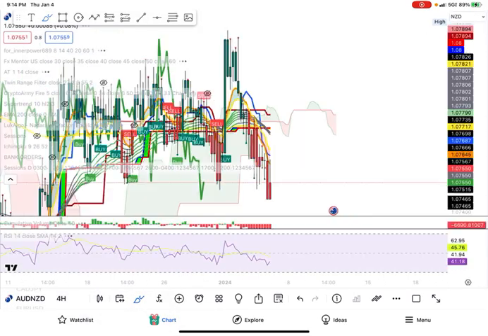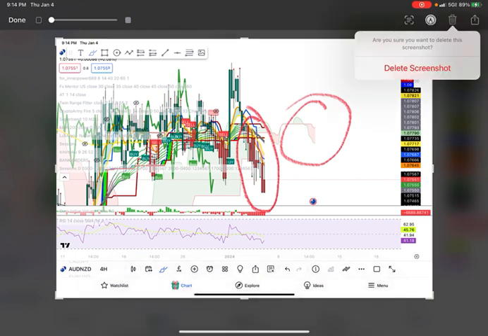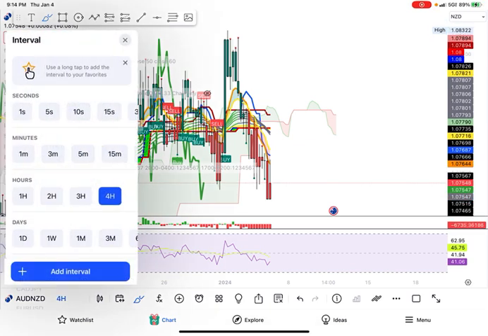All right, let's start with the daily. Let's start with the 4 hour. Okay, 4 hour. We see a red cloud. That's the Ichimoku cloud. We can see the red candlesticks. Yeah, I mean, this right here looks clear. Let's go into 1 hour.